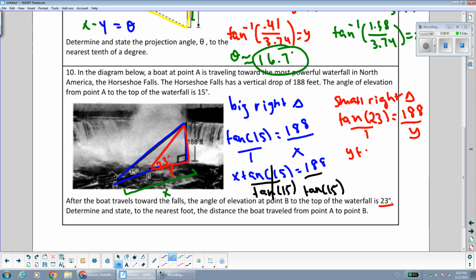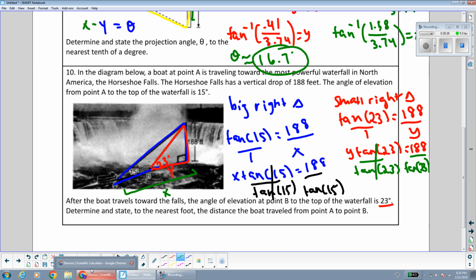Same thing, show your cross multiplication, because once again, a lot of people won't realize that you need to divide by tangent of 23. And now on my calculator, all I have to do is subtract x minus y, and then it does say to round my final answer to the nearest foot.